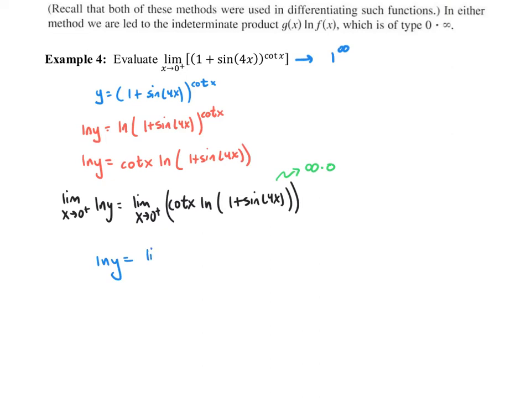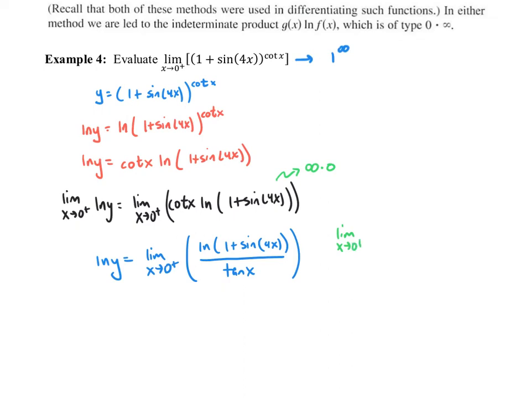So we have the limit as x goes to 0 from the right of the natural log of 1 plus sine of 4x divided by tangent, because instead of multiplication by cotangent, division by tangent is the same thing.